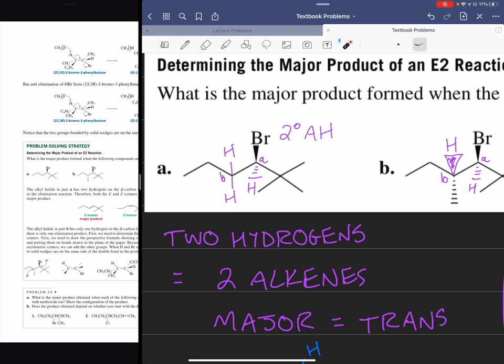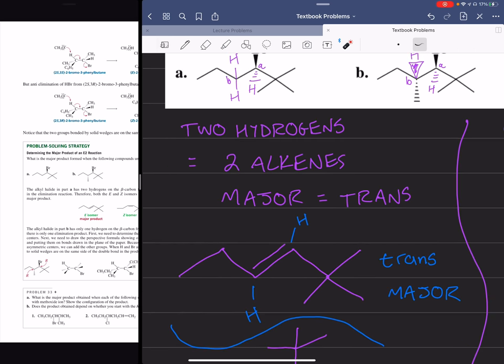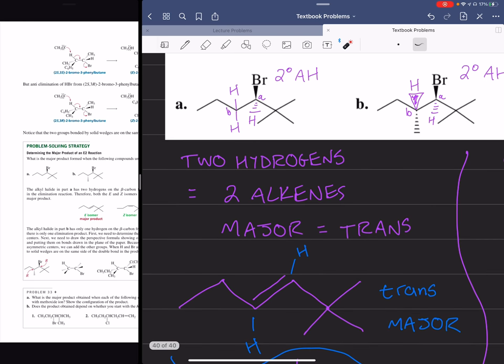So what you can do here is, I kind of drew it here. We pulled our bromine off. I kept this drawn exactly where it was, okay?